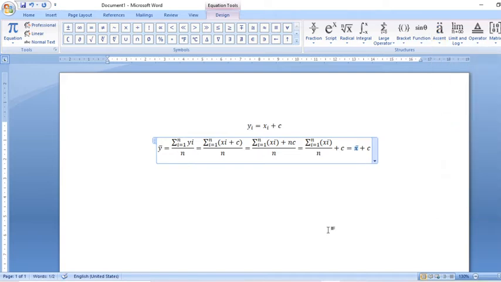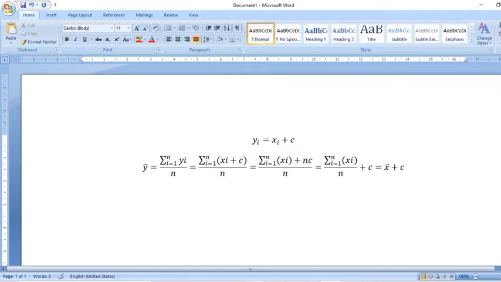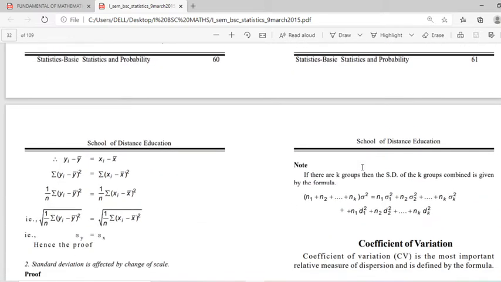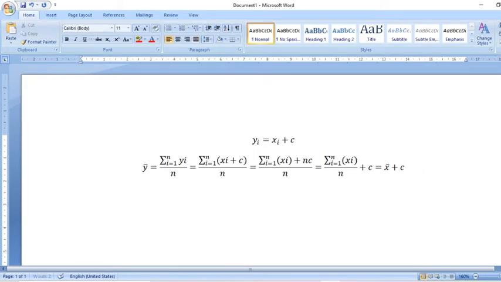So this is the formula: y bar is equal to x bar plus c. So what will be yi minus y bar? We can take one more step here.